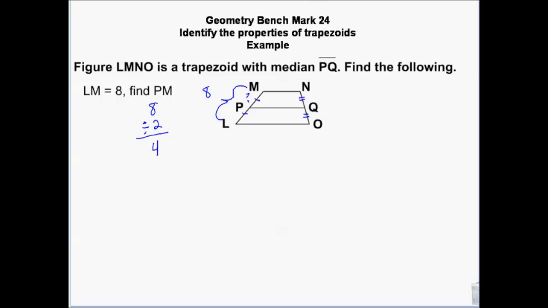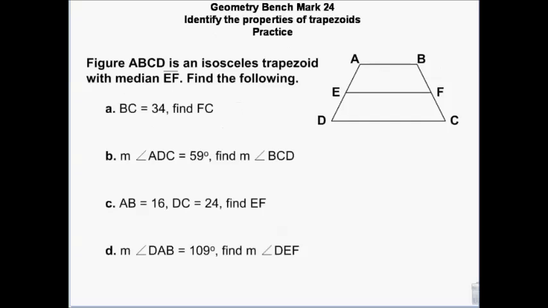So far, okay? All right, so we have an isosceles trapezoid. That tells me these are the same as each other. BC is 34. So I want to find FC, that's half of it.